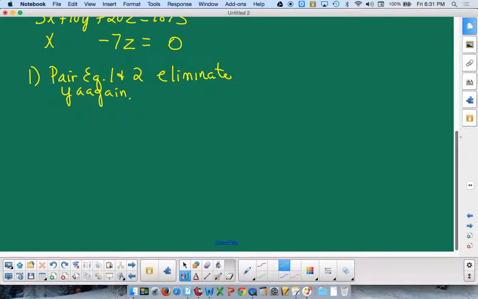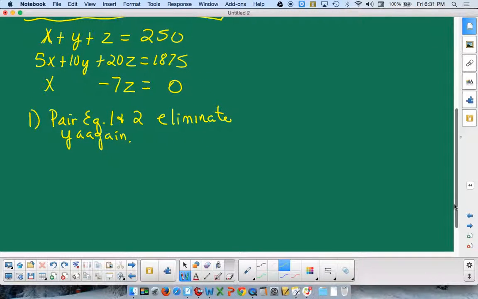So if I do that, I'm pairing equations 1 and 2, and I want to eliminate y's. So to eliminate y's, I would need to take the top equation times negative 10. So I'm going to have negative 10x, negative 10y, negative 10z equals negative 2500.